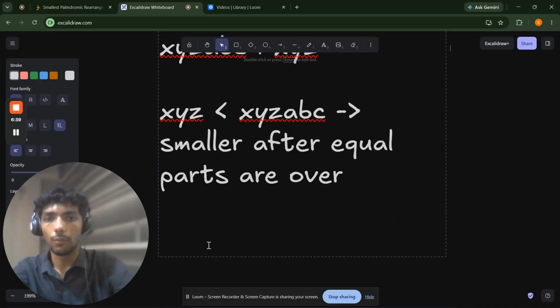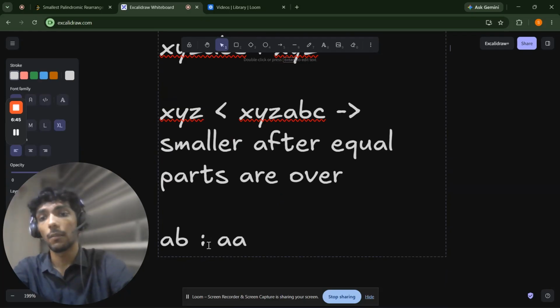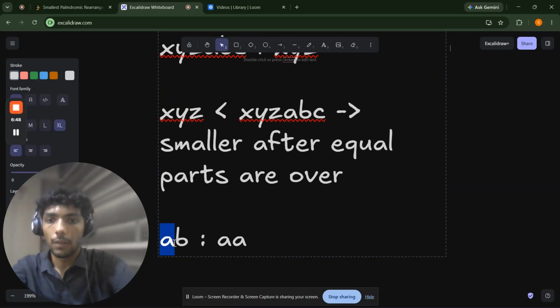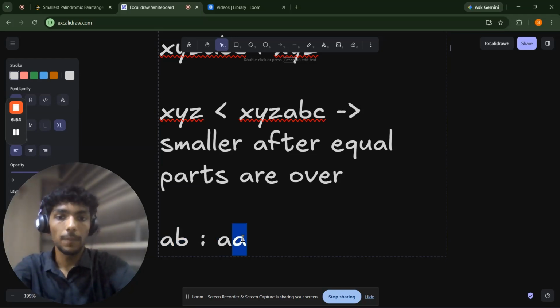But what if there are no equal parts? Suppose we take a, b, and a, a. Here, when we compare the first term, both are a, so they are equal. Now we compare the second term, which is b and a.